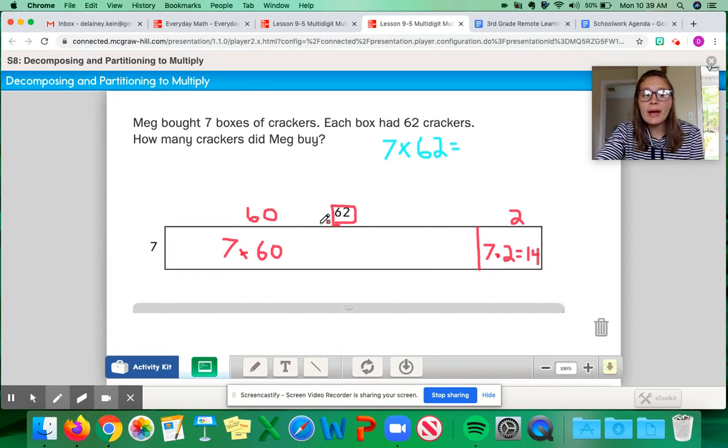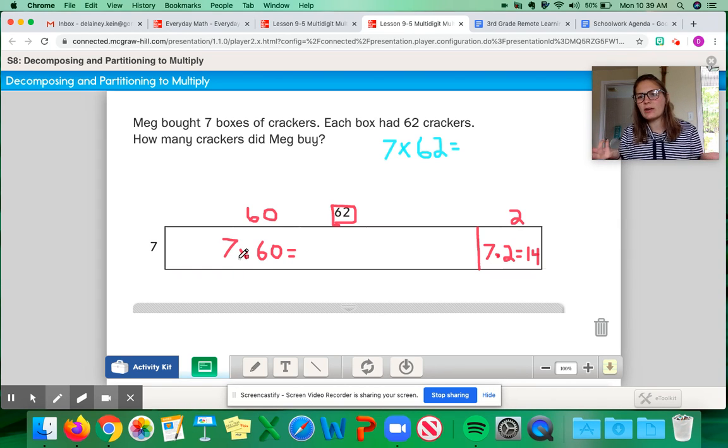If you remember back to a few lessons ago, solving multiplication problems with the 0 at the end are easy if we solve the base fact first. So instead of looking at 7 times 60, look at 7 times 6. What's 7 times 6?